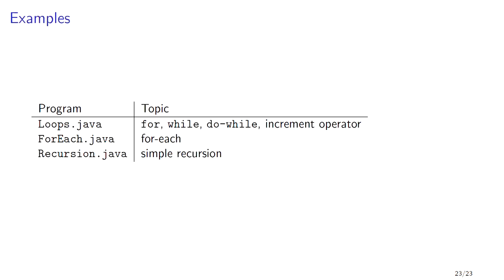So I mentioned there's some example code on Blackboard. Just look in the week 1 folder to find that. A couple of them have been referenced already, like Hello World and Switch.java. But there's a loops.java, which gives you some examples of playing with loops, and also how we can use our increment operator.